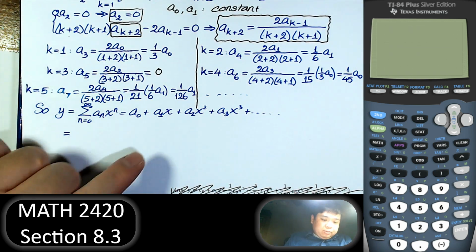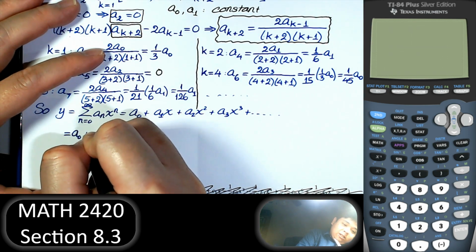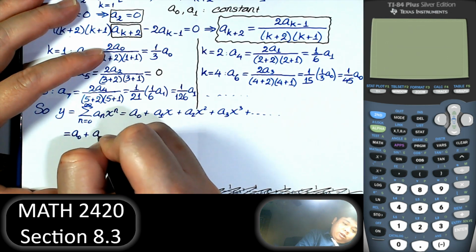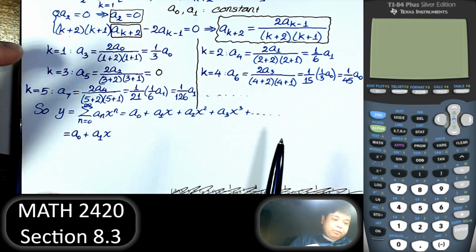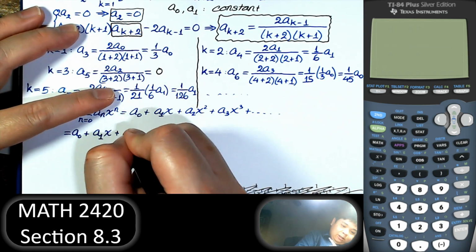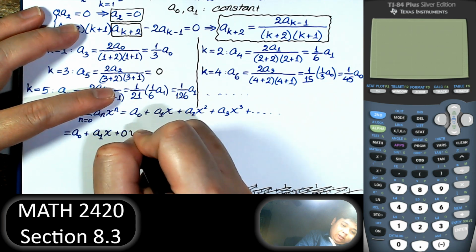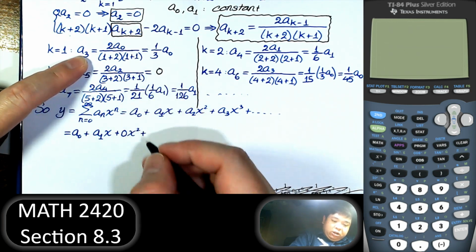Then we can write a constant. A1 is also an arbitrary constant. A2 is 0. A3 is 1/3.